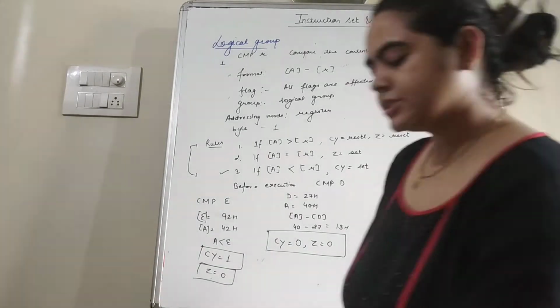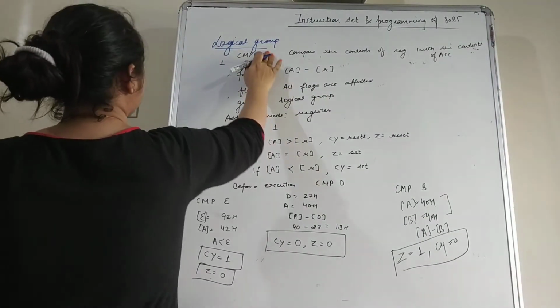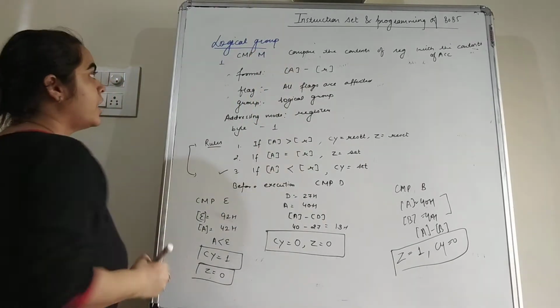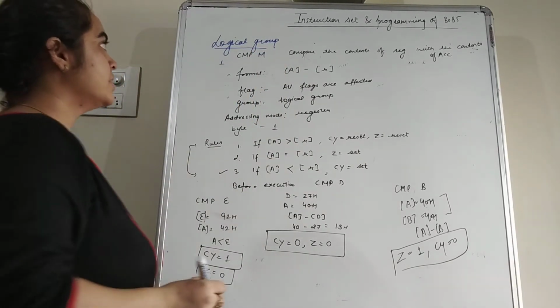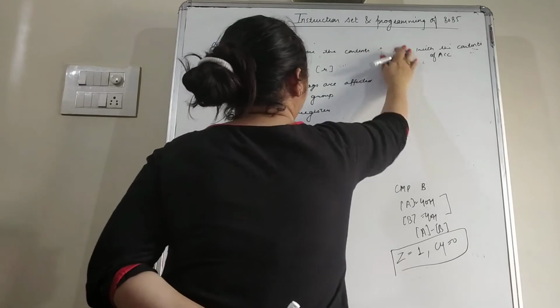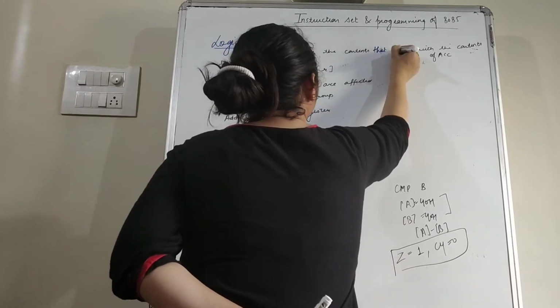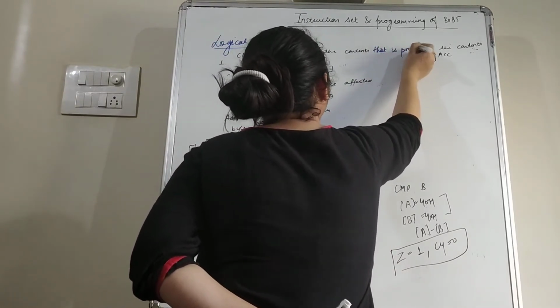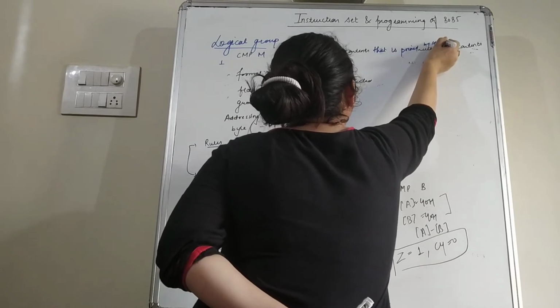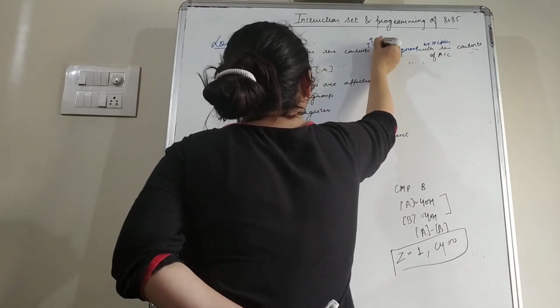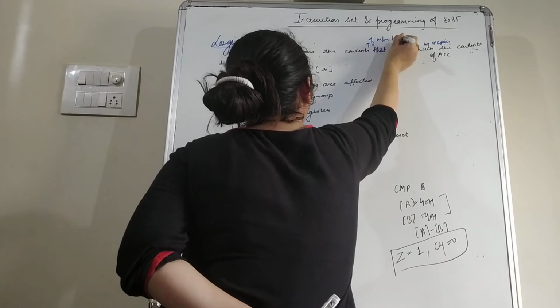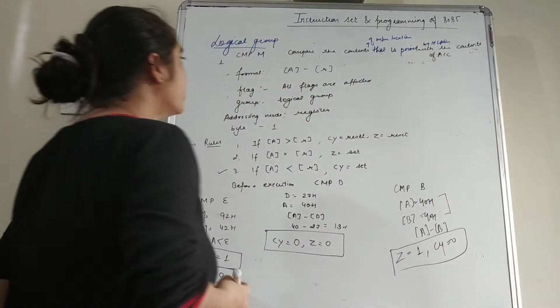Now after this instruction we have the next instruction, that is CMP M. So CMP M means compare the contents of the memory location that is pointed by the HL pair with the contents of accumulator.